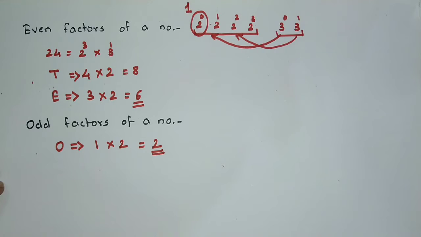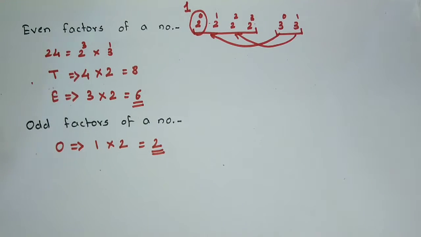Okay. Now let's see the generalized formula to find number of prime factors, number of even factors and number of odd factors.